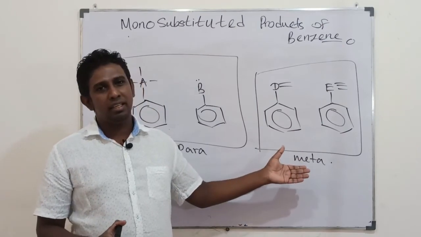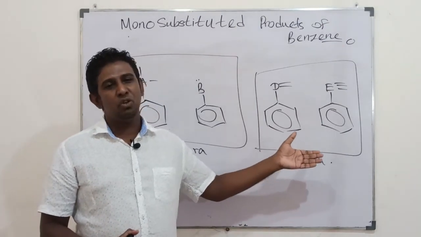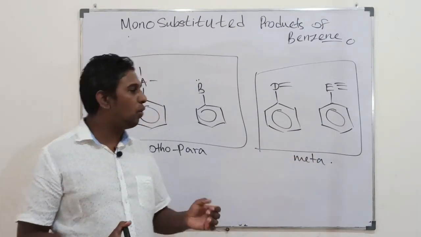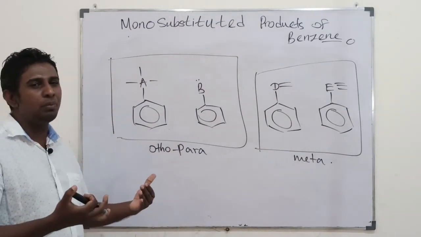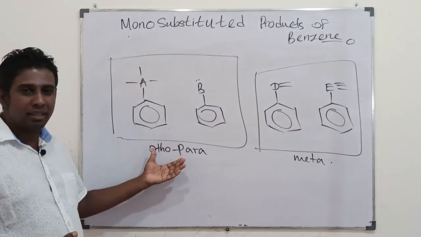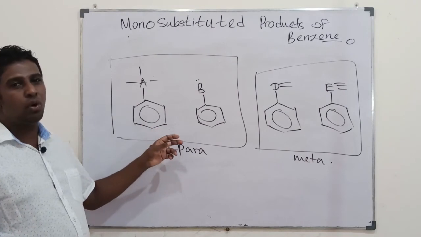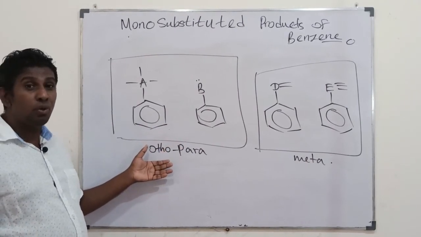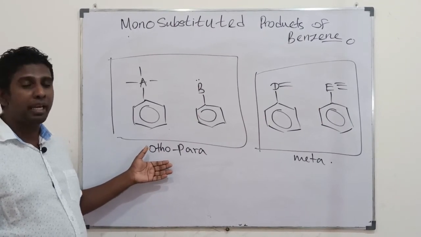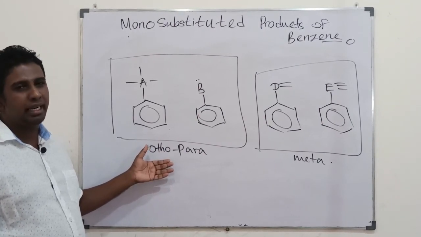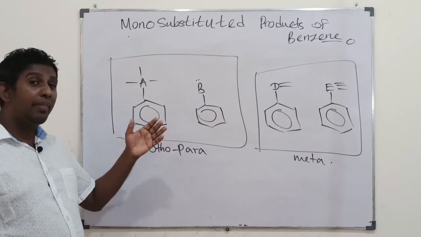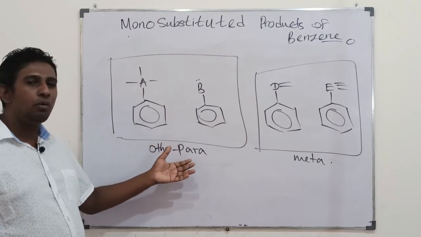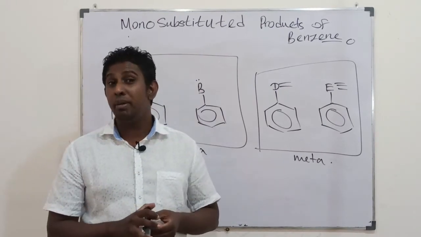So all the meta-directing groups are deactivating and all the ortho-para directing groups are activating, but halobenzenes such as chlorobenzene are deactivating, though they are ortho-para directing. All the other ortho-para directing groups are activating groups of benzene.